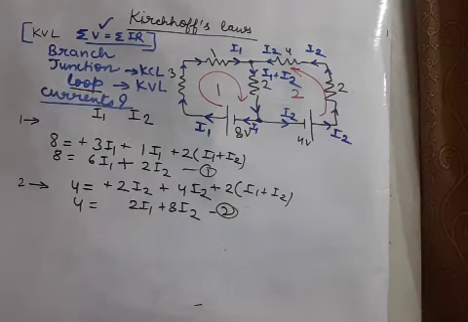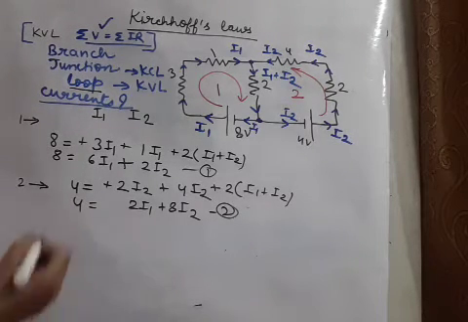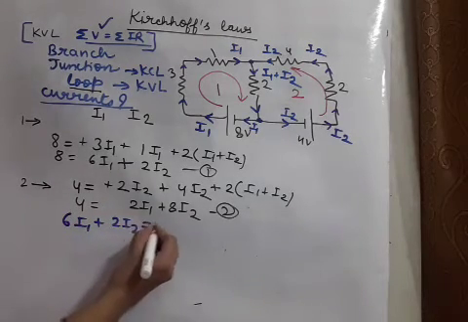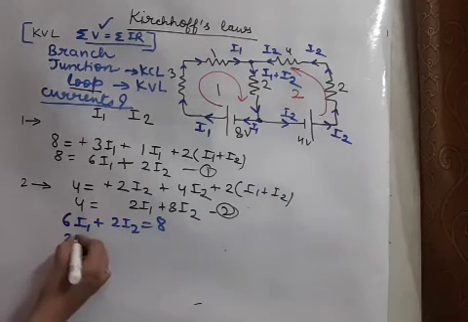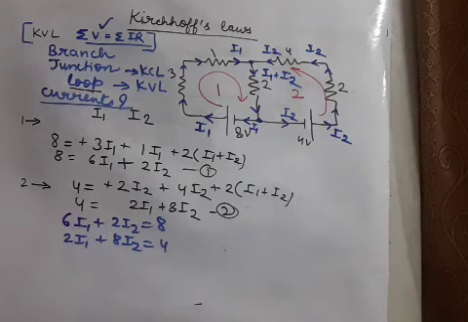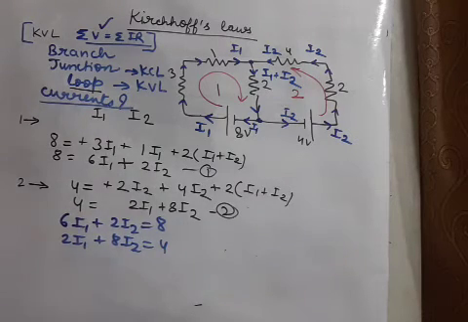After getting these two equations, the pair of linear equations, 6I1 plus 2I2 equals 8 and 2I1 plus 8I2 equals 4, we have to solve them for I1 and I2.